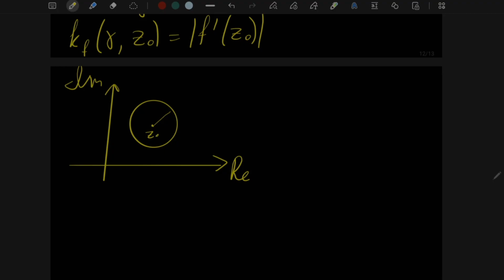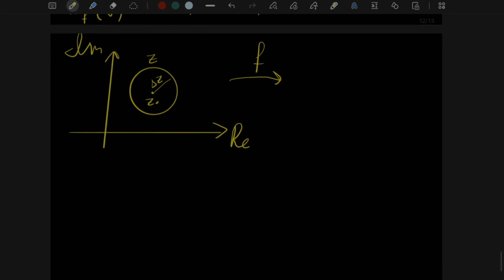It is a neighborhood of the point z0 with the radius delta z, and we have our point z on the circle there. Now, what is it mapped onto by a function f, and of course f is conformal at z0.